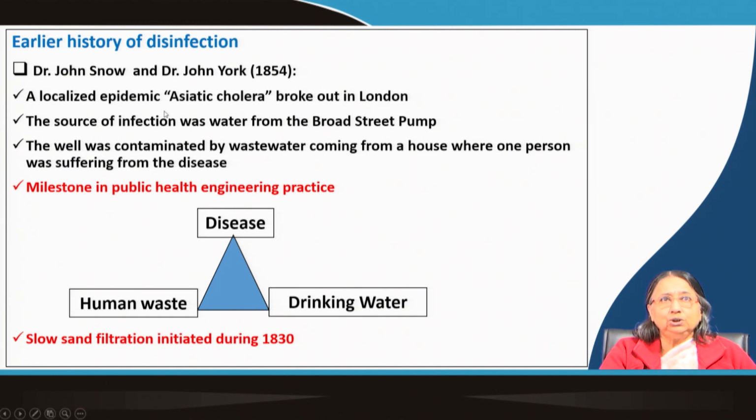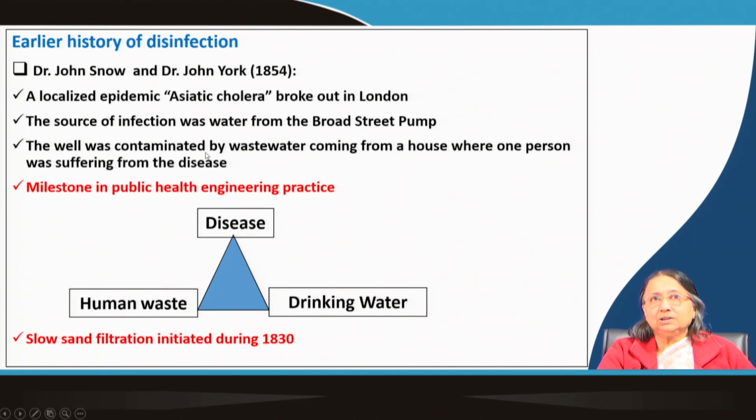John Snow and John York in 1854 are very famous persons. A localized epidemic, Asiatic cholera, broke out in London. The source of infection was water from the Broad Street pump. Why did it happen?